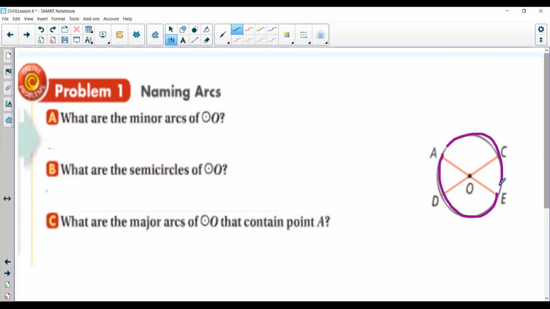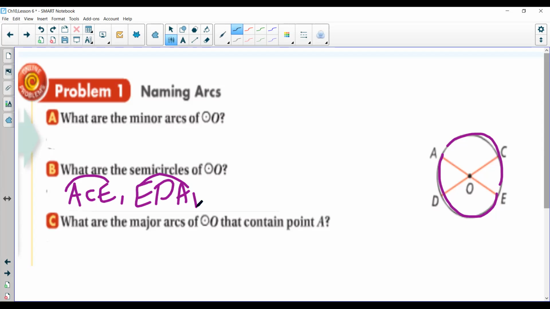Is it right? Yes. So let's name it with A, C, E. So the semicircle here is ACE, and EDA. This is for the two.